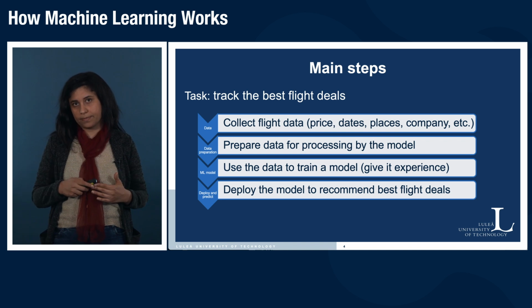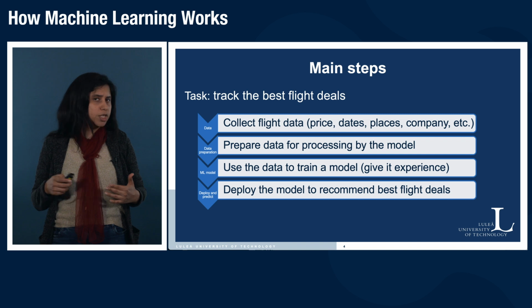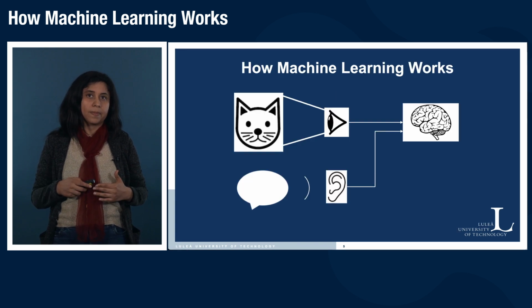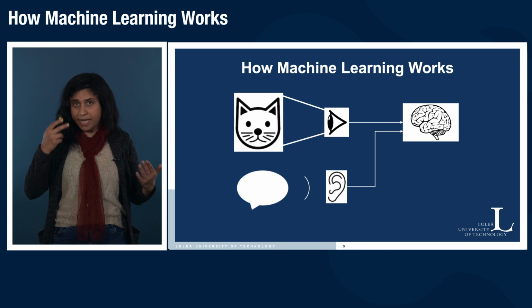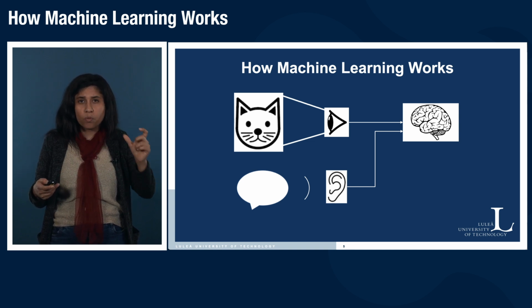Before diving into more details about how machine learning works, we can see how humans learn. Our sensor, eyes, see a cat, and our ears hear the word, the label, a cat.